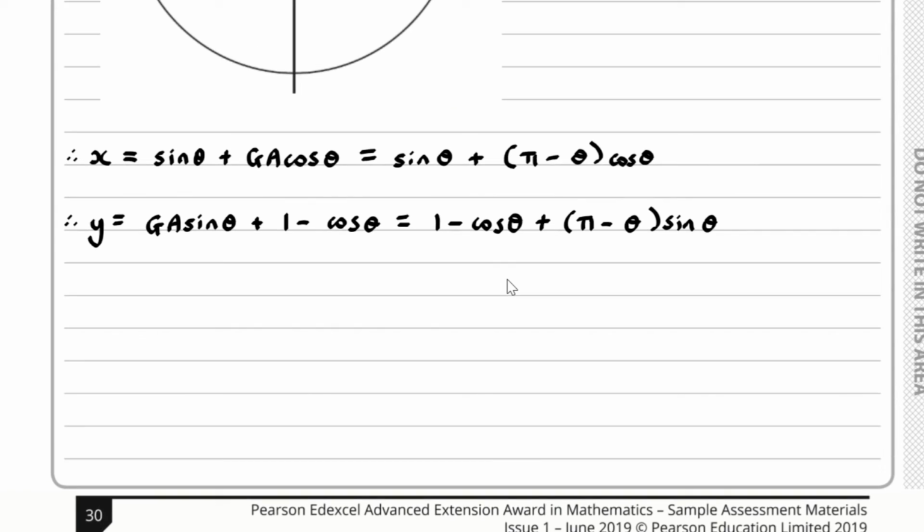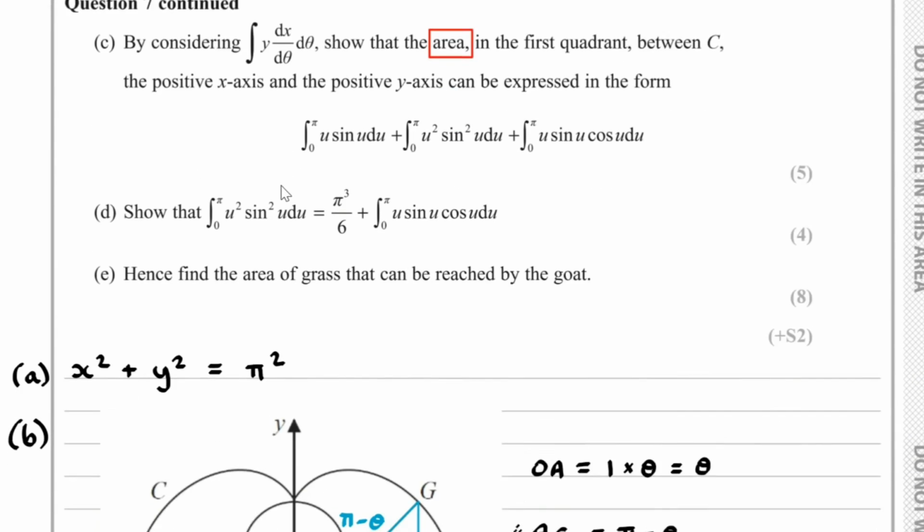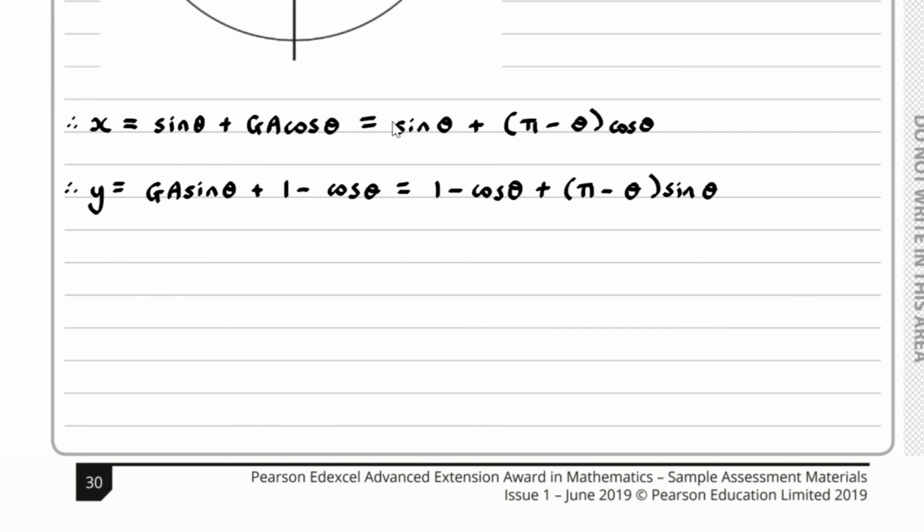Well, before we do anything else, if we go back to the formula, we need to work out what dx over d theta is. So I know what x is. I need to work out what dx over d theta is, and I can do that using the product rule.